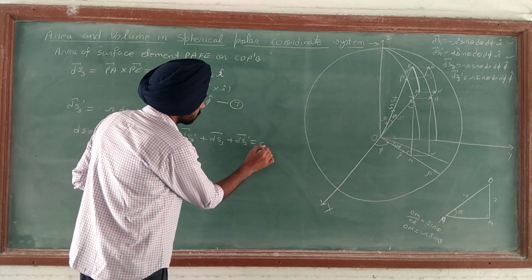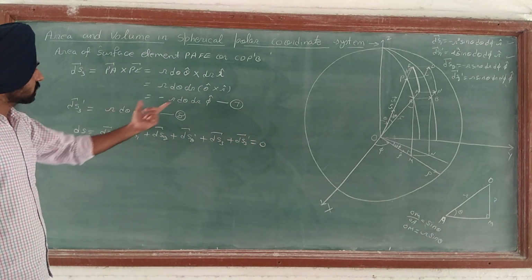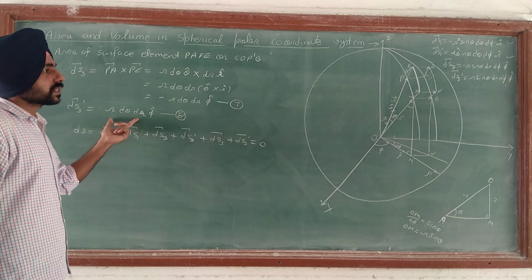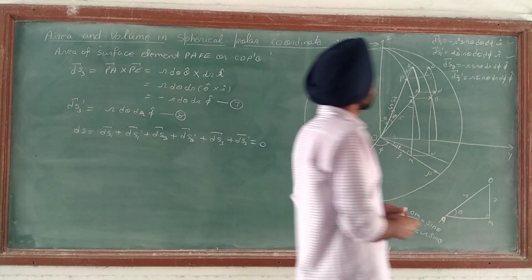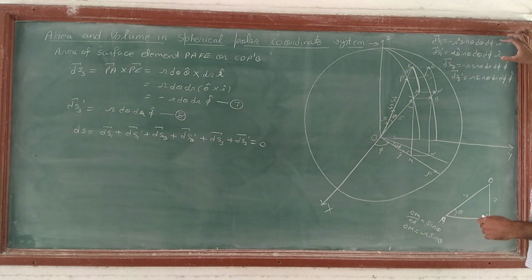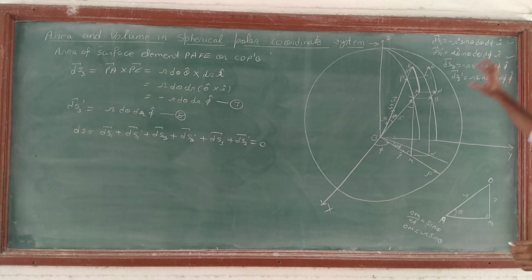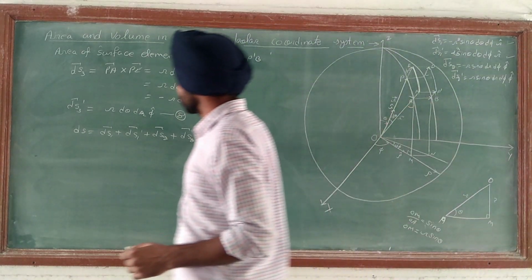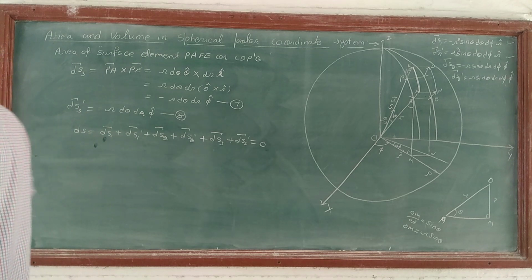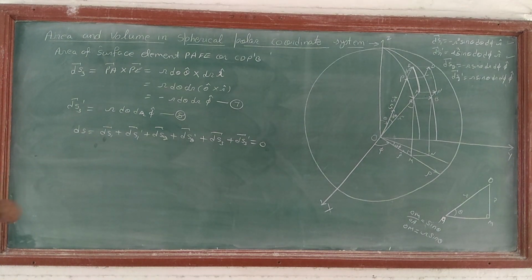So it will be 0 because there is change in sign. Magnitude is same, the change in sign is due to change in direction of the unit vector. So the sum of all these faces is 0. So total area of all the 6 faces is 0.